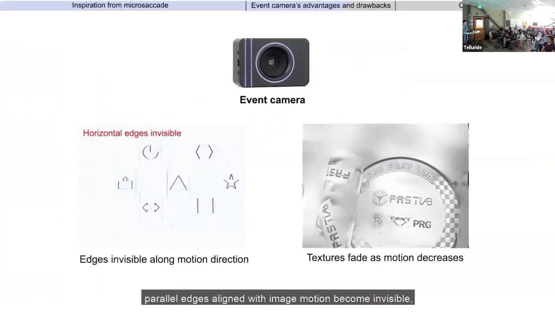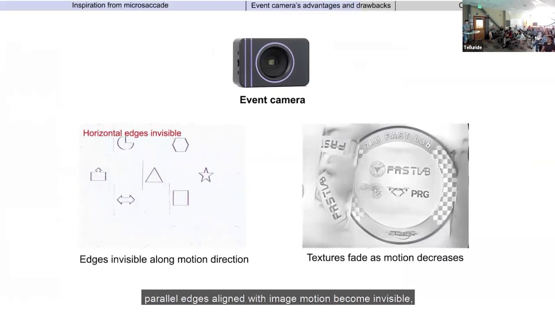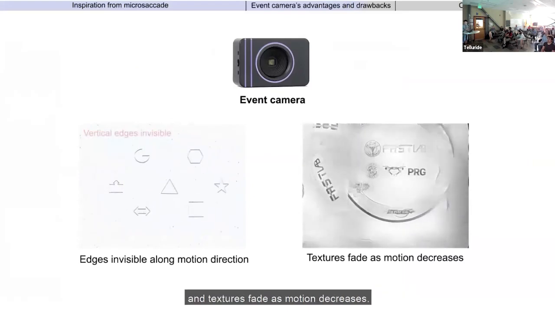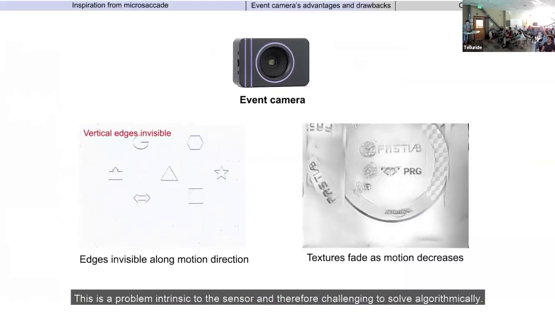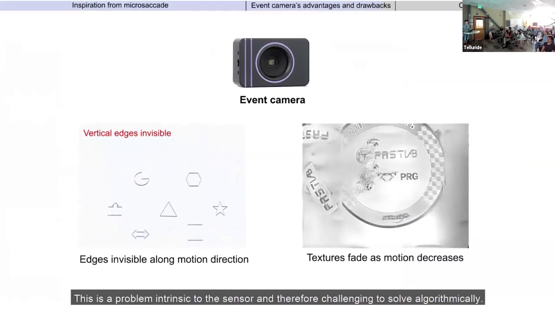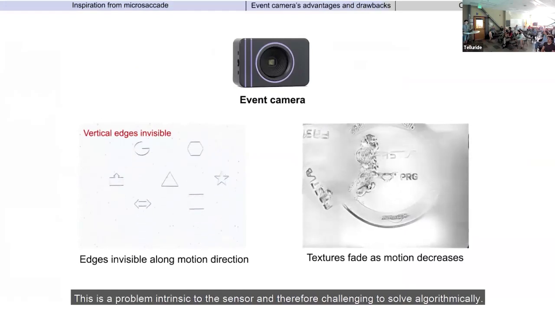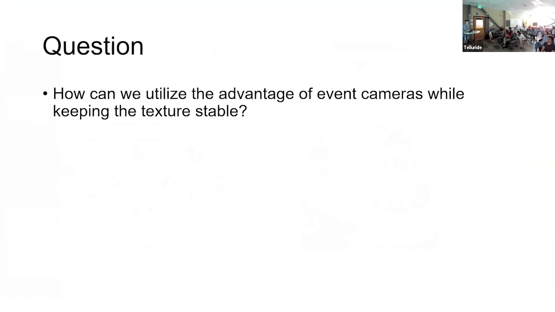Regardless of the event representation, that problem exists because the sensor doesn't produce information, so we cannot compensate for it using any post-processing method. So the question is, how can we utilize the advantage of event cameras while also keeping the texture stable for some specific tasks?